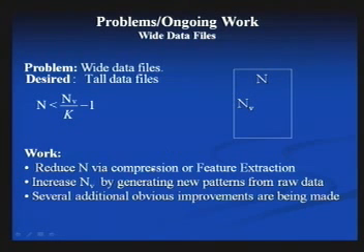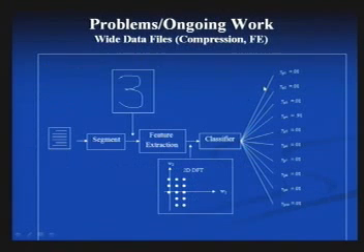One common way is to compress your feature vectors. Another way is to find some way of getting new data. There might be ways of generating artificial data from your raw data. There's a lot of other ways that can be used as well to generate a tall data file.